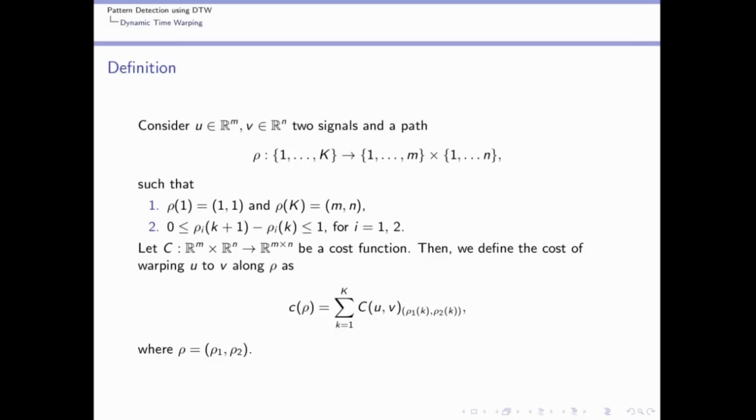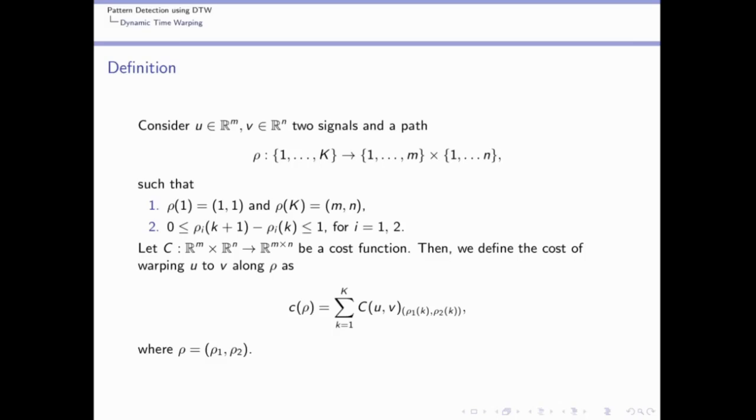So rho of 1 is (1, 1), and which ends at their ends. So rho of k is (m, n). And we require that the path does not go backwards and also traverses all elements of both signals. So here in condition 2, we require that the difference between consecutive terms is between 0 and 1.